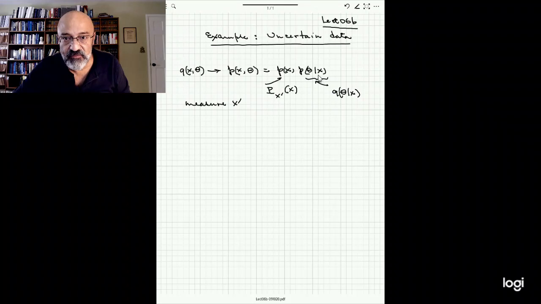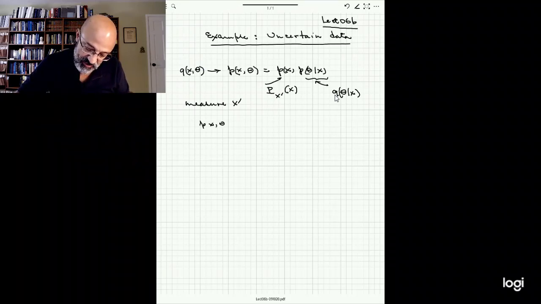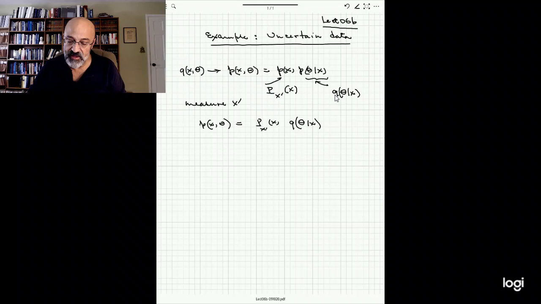We still say, well, concerning this other dependence, there is no reason to change your mind. Use the prior. And so the conclusion is that the updated posterior is going to be whatever this distribution is, like that. Notice that here we are no longer allowed to write x prime here. It's just the same old x. And here we have a probability distribution. Now, what is this probability distribution? Well, here's an example.